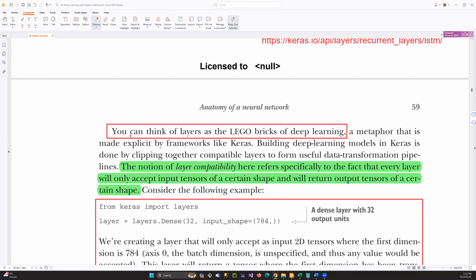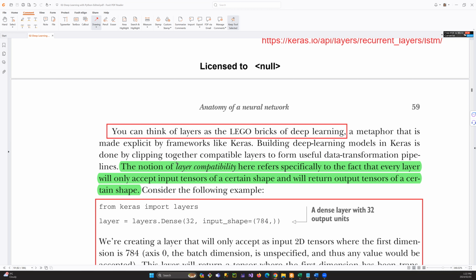I repeat it. The network automatically assigns the number of outputs of the previous layer as the number of inputs of the current layer. So that is why it says that you can think of layers as the Lego bricks of deep learning.